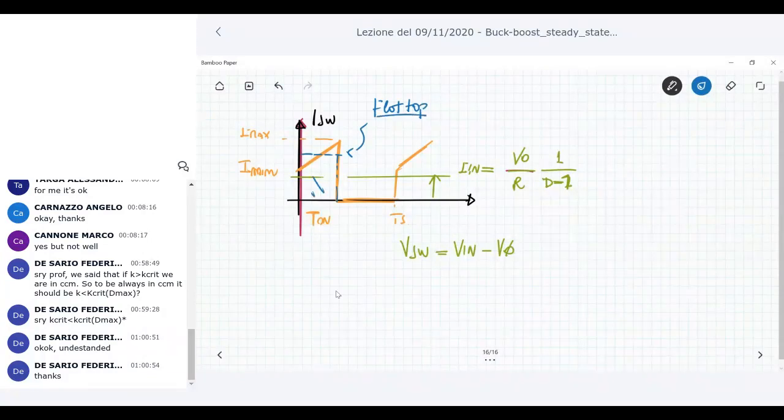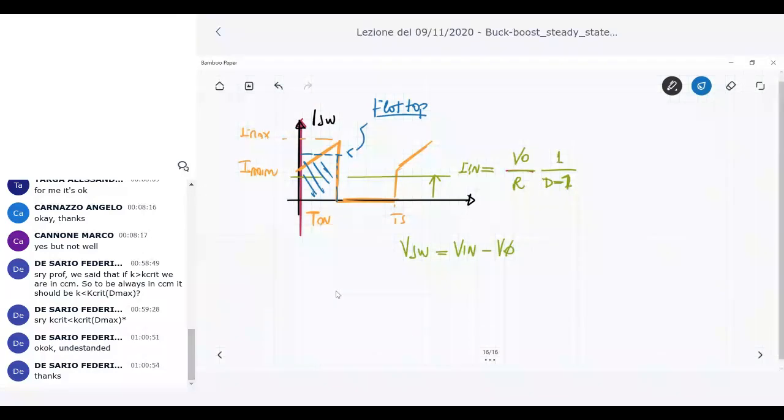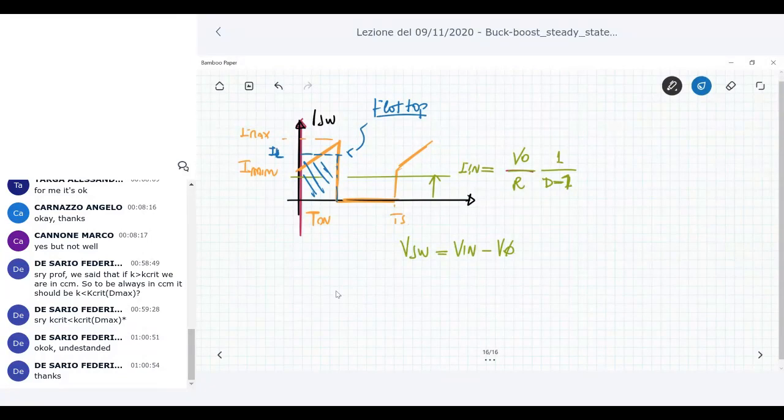So we can approximate the current as a rectangular waveform, having its top at the IL average value, and so the switch current RMS value is about the IL average value times the square root of d, where the IL average value is computed as before. Okay.